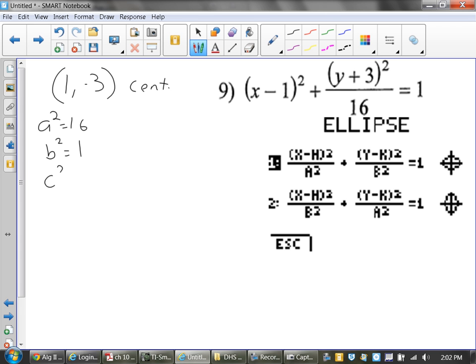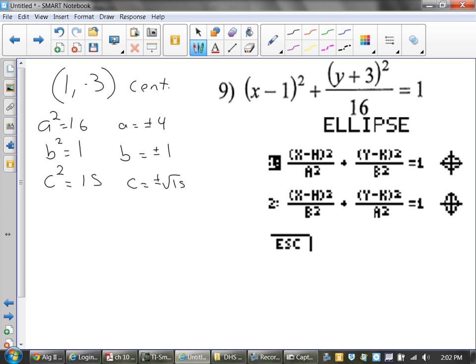C squared then, if it's an ellipse, is it a squared plus b squared or a squared minus b squared? Very good. So c squared is 15. Notice I have not drawn a graph yet. I'm just listing all of my parts. A squared was 16, therefore A is plus or minus 4, B is plus or minus 1, and C is plus or minus root 15.